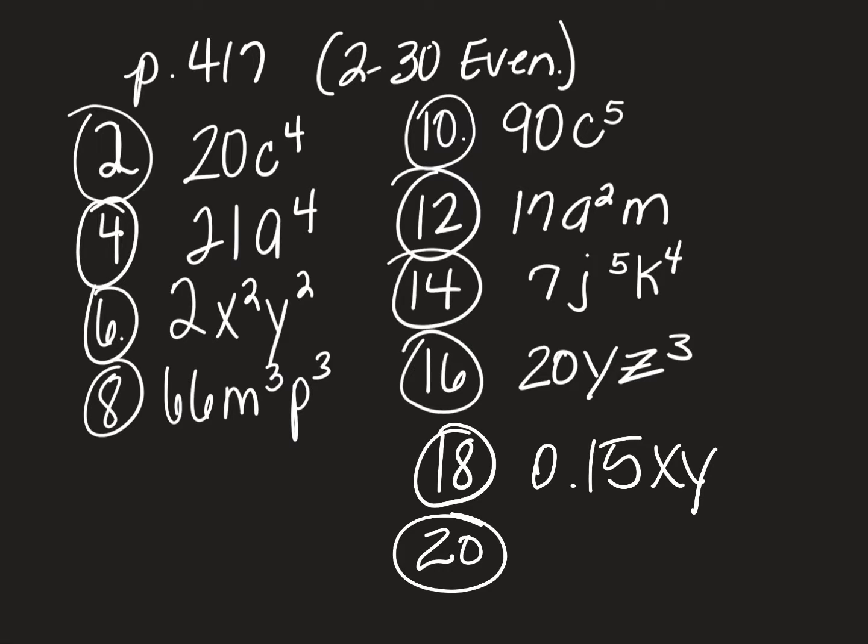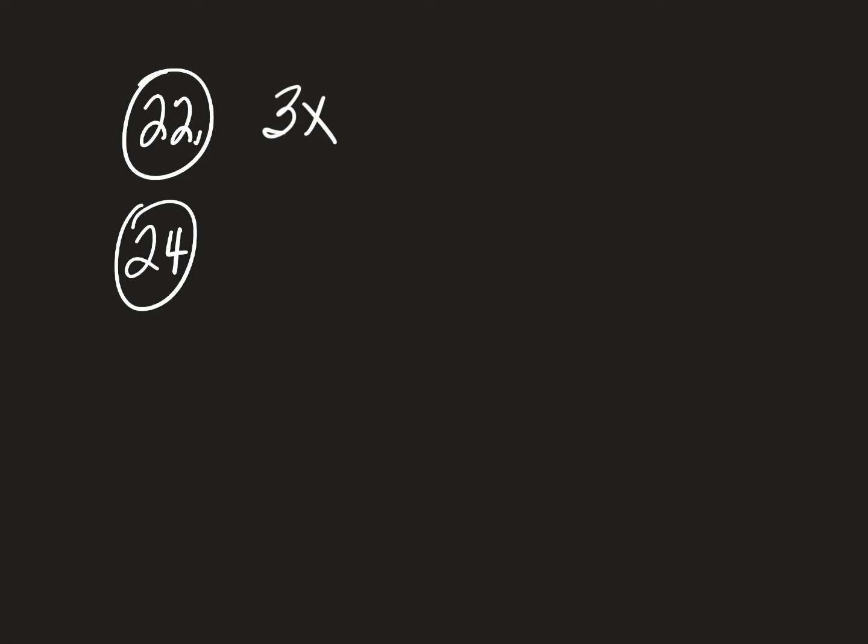So, all right, number 20 is m to the 10th power and n to the 5th power. Okay? Now, going to go over to division. So, number 22, your answer is 3x. Number 24, your answer is 5xy.